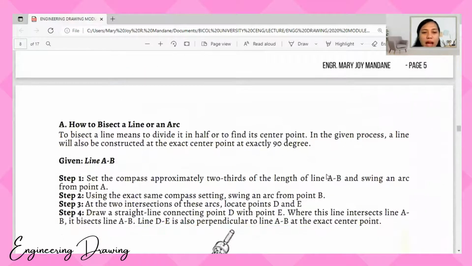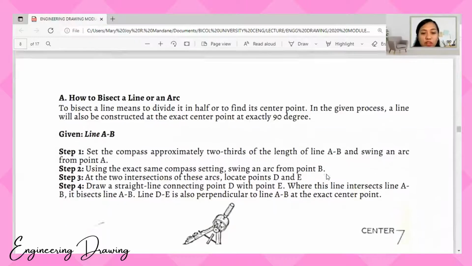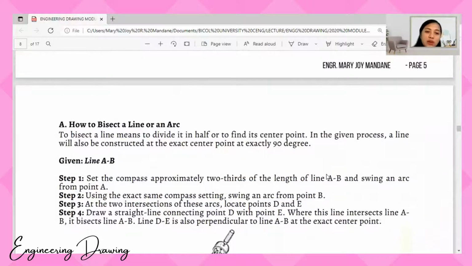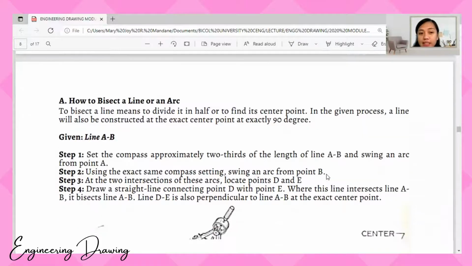Okay, so how to bisect a line or an arc. Okay, paano natin gagawin yung line AB? So, to bisect a line means to divide it in half or to find its center point. In the given process, a line will also be constructed at the exact center point at exactly 90 degrees.